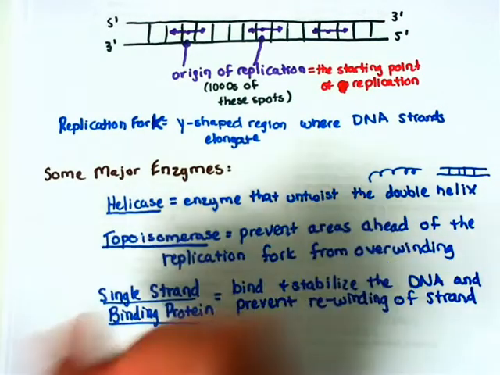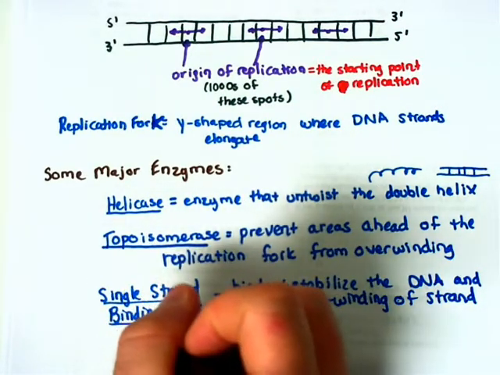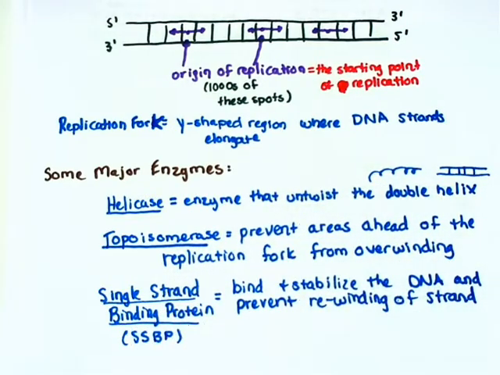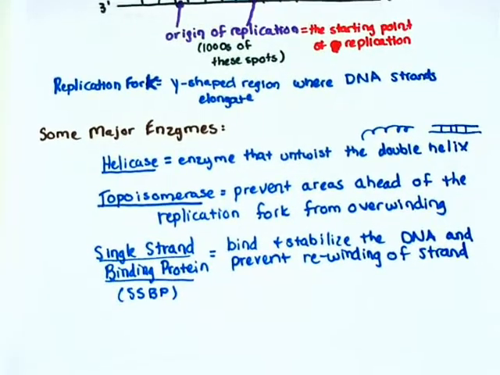Topoisomerase and SSBP, as it's sometimes called, have very similar functions. But topoisomerase is usually up ahead of the replication fork by some distance, and single-strand binding protein is usually very close ahead.